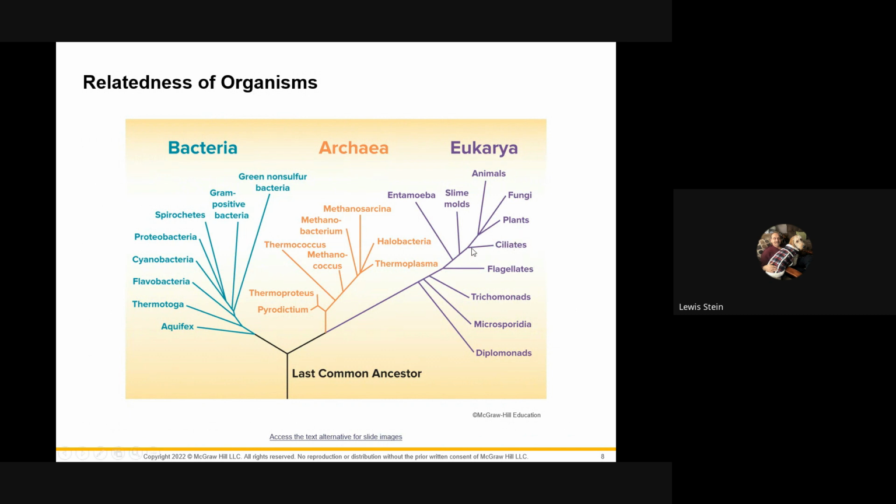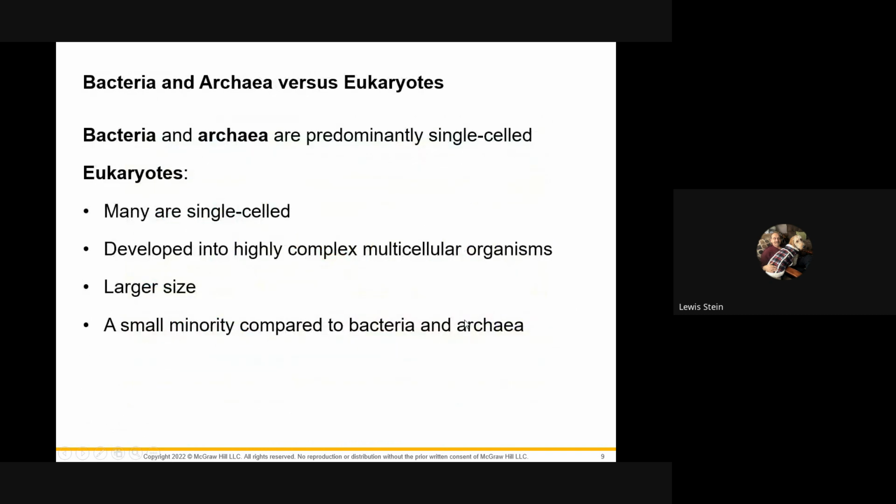And once they begin to group together, then we can see them with the naked eye, and they're no longer in the microbial aspects. So to summarize, bacteria and archaea are single cells. Predominantly, they're single cells. Eukarya, a lot are single cell.